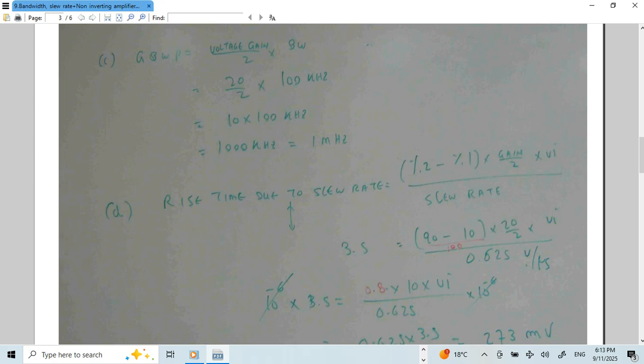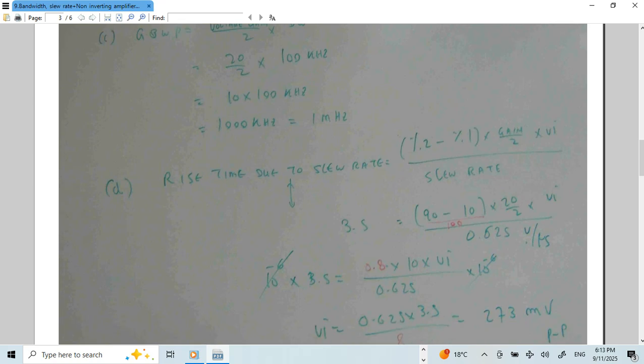And the D, we have to calculate the P2P square wave voltage. The rise time is from 10% to 90%, and slew rate is equal to the 10% to 90% rise time. So we have to calculate the new signal rise time if the gain is adjusted to 5 by 5.